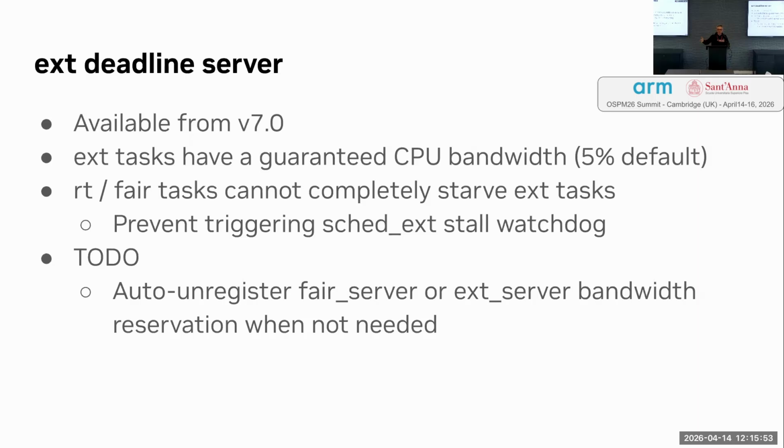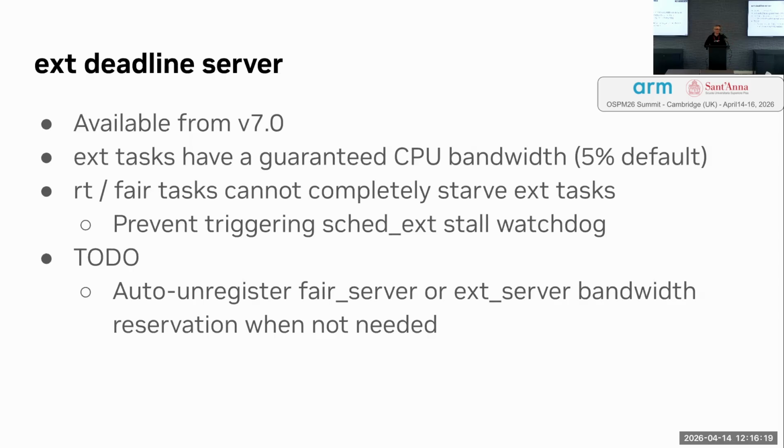The same is valid for real-time tasks as well, because you can have a real-time task that is using 100% of the CPU, and EXT would still be able to get at least 5% of the CPU. This one was actually even more critical than the partial mode, because there are many distros or systems that are kind of abusing RT.